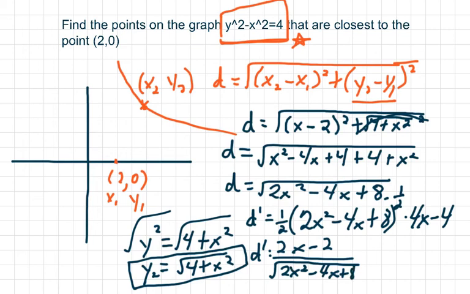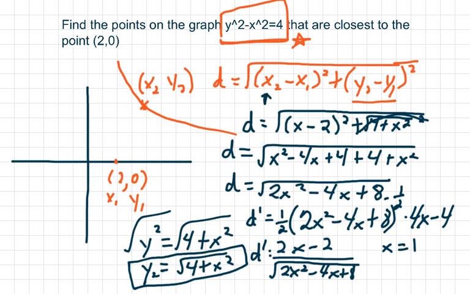Now when I solve the top, I'm going to have x equals 1. So there's the x value for my x2, if we realize that's the x that we're missing.